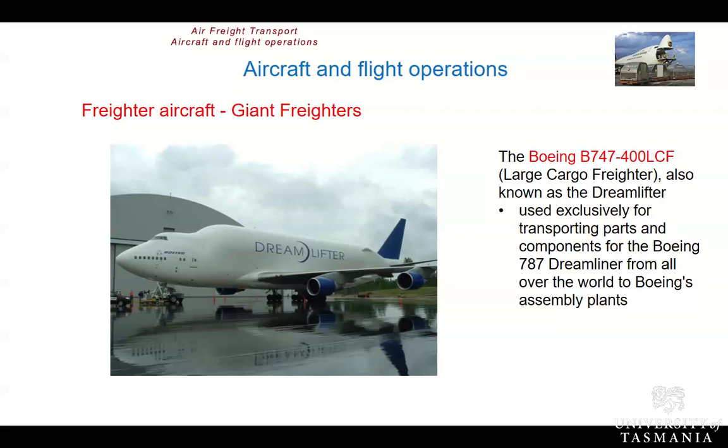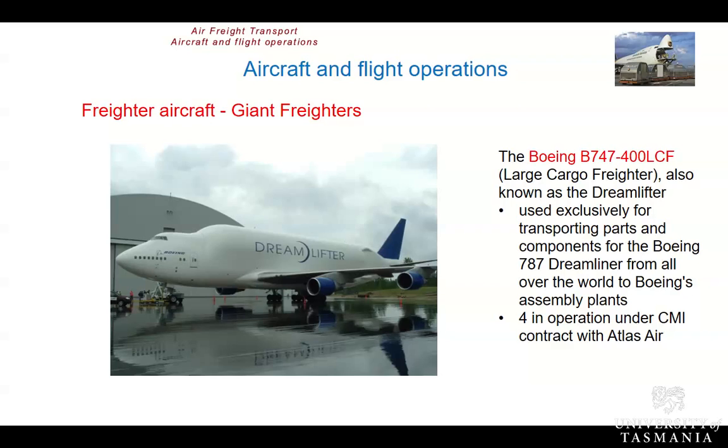Now, depending on your memory, I'm pretty sure I touched on global value chains, and I mentioned how the Boeing 787 Dreamliner is manufactured around the globe. Well, this particular aircraft plays a strong role in the movement of those components over the world to Boeing's assembly plants. 4 of them in operation.